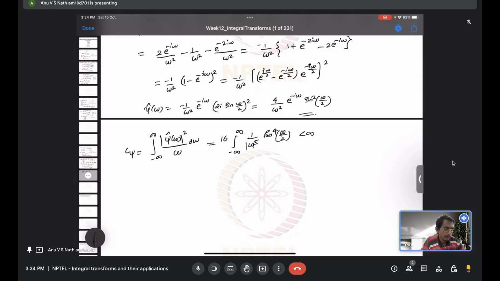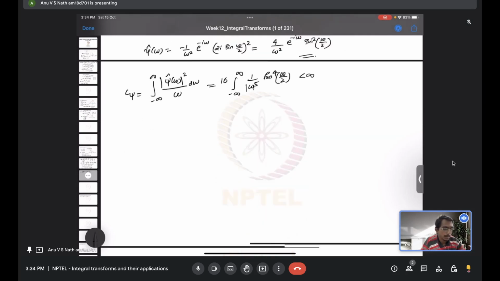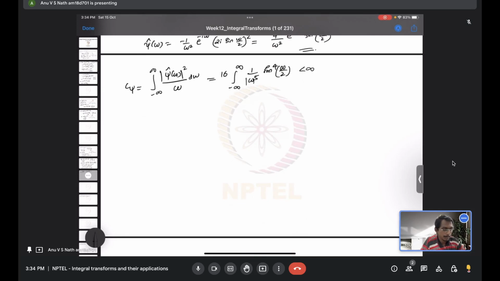So the integral is converging fast, so this is a nice function in that sense compared to the Haar wavelet.